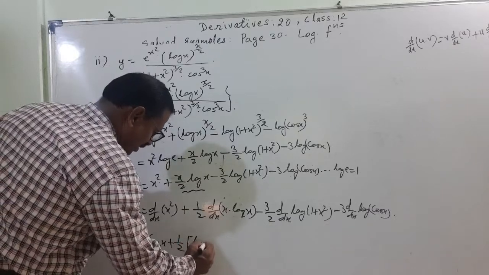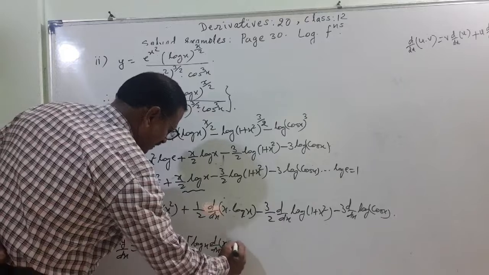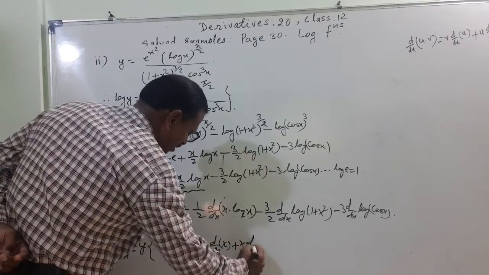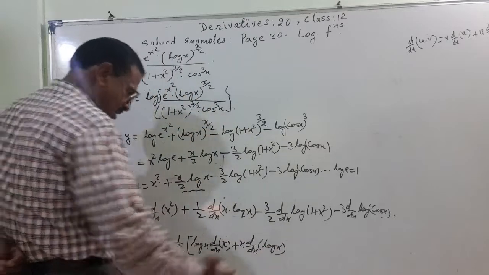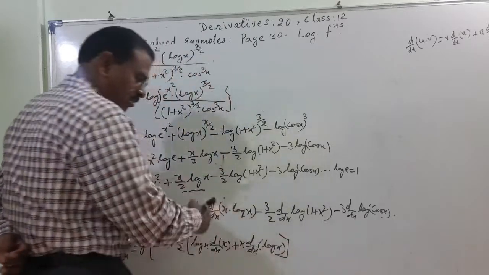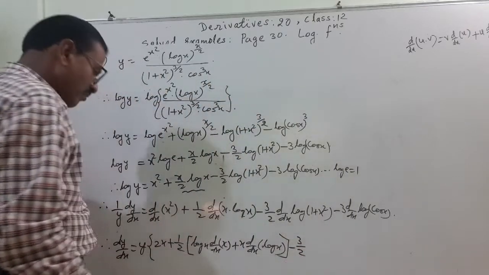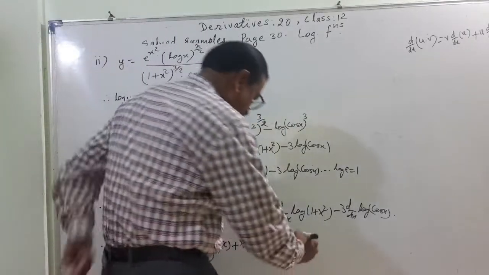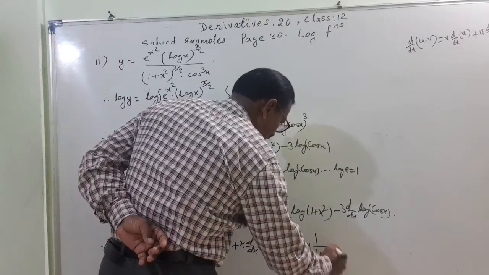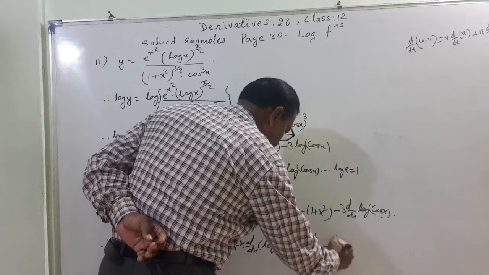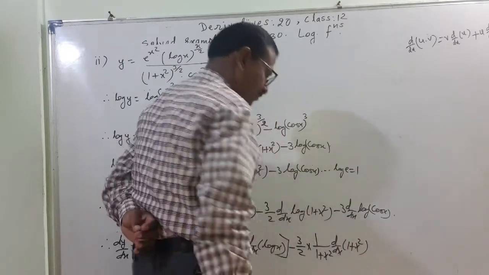So log of x into d by dx of x plus x as it is, now d by dx of log x. Here this part is over. Minus 3 upon 2 into derivative of this log. It is 1 upon 1 plus x square. Now the derivative of this, into d by dx of 1 plus x square. This is called the chain rule.